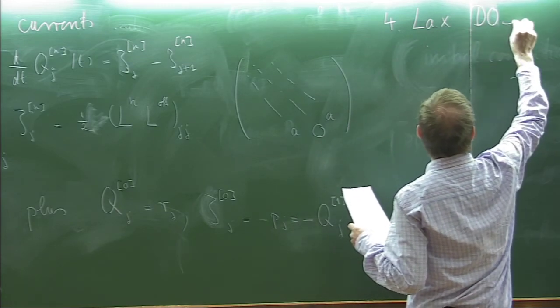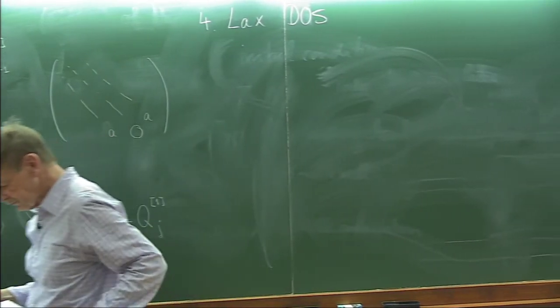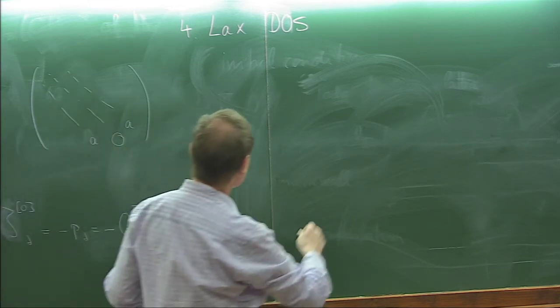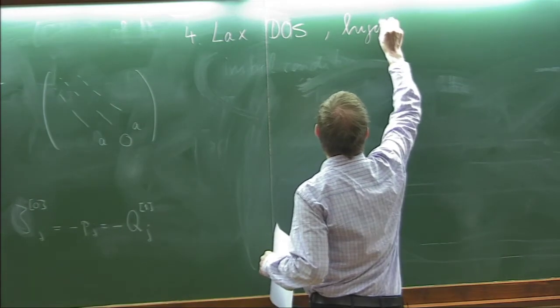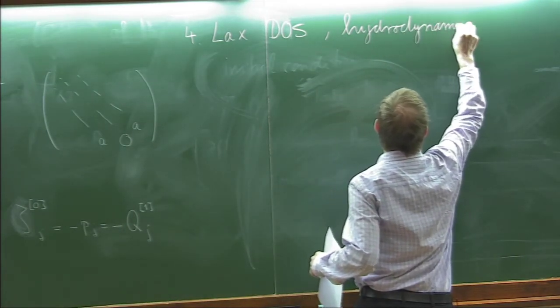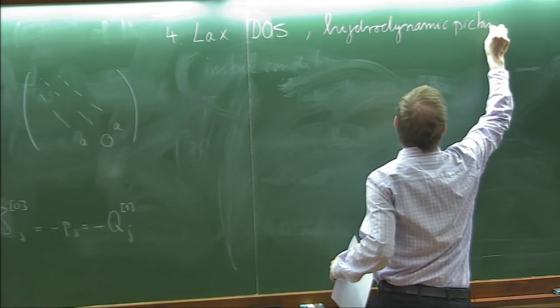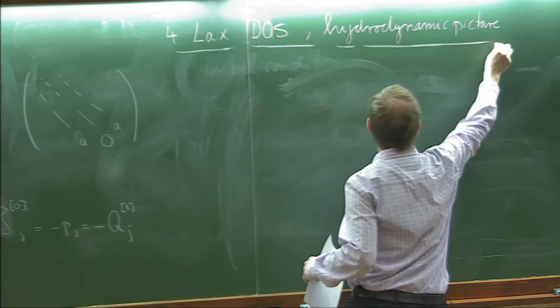So EOS, this is the density of states. That's just a standard thing, and then comes the hydrodynamics picture. I guess this will be the last chapter for today.